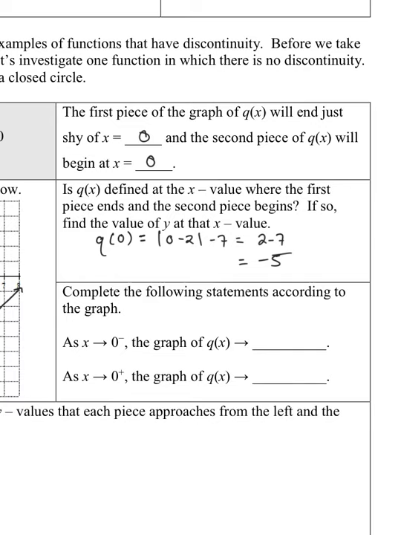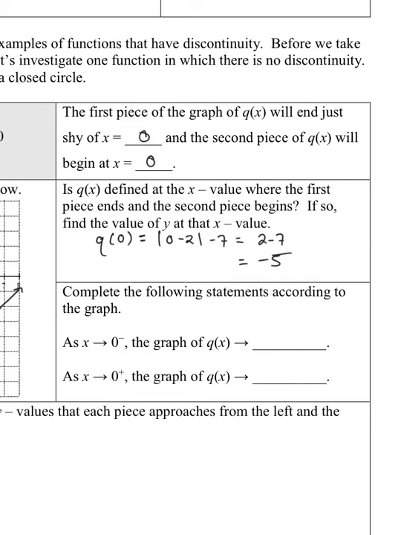Now, this notation says as x approaches 0 with the little minus sign up here. What that means is, as x approaches 0, talking about the y value, what is it approaching to the left? So it's decreasing from the left, and it's approaching what?